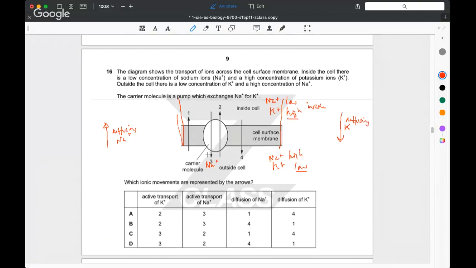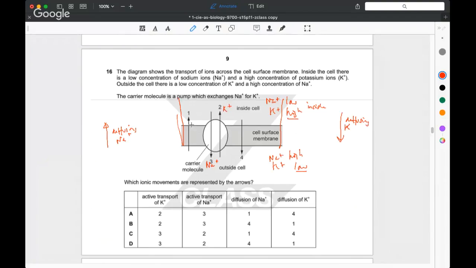The cell is using energy to pump the sodium against the concentration gradient from a low to a high concentration. And similarly, this one here, you're pumping potassium against the concentration gradient from low concentration potassium to high concentration potassium. So that is active transport of potassium.